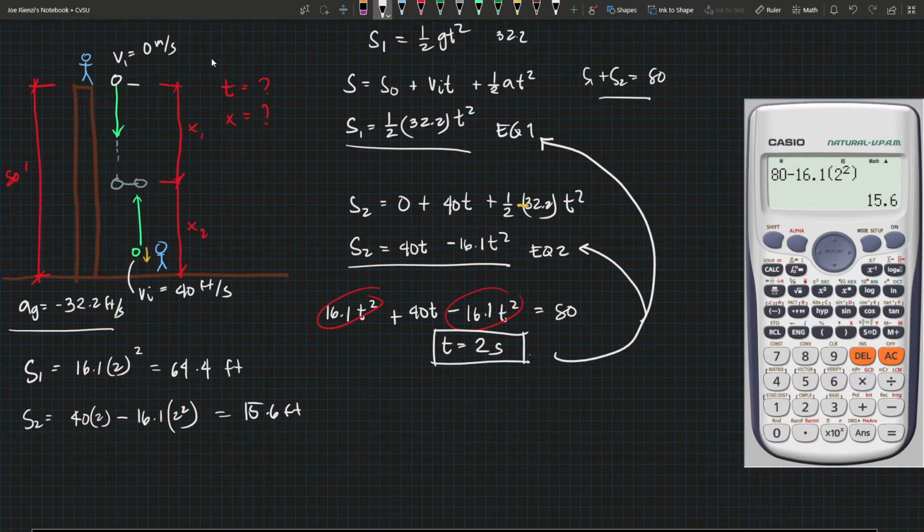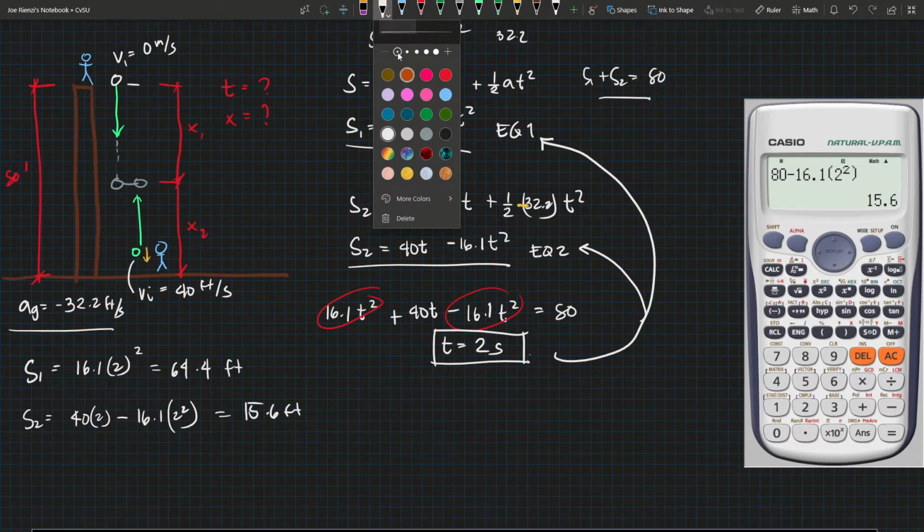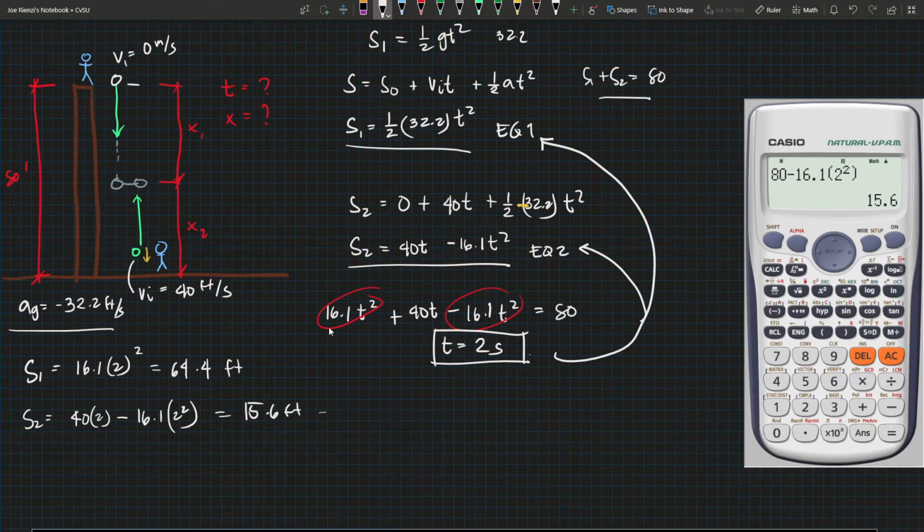So this just means na from the ground, S2, ito nga yung X2 natin, magkikita sila ng 15.6 feet from the ground.